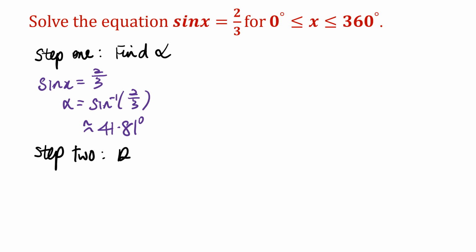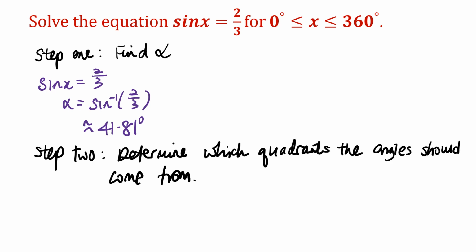Right, so step 2, determine which quadrants the angle should come from. Your 2/3 is a positive value. So recall our "add sugar to coffee".